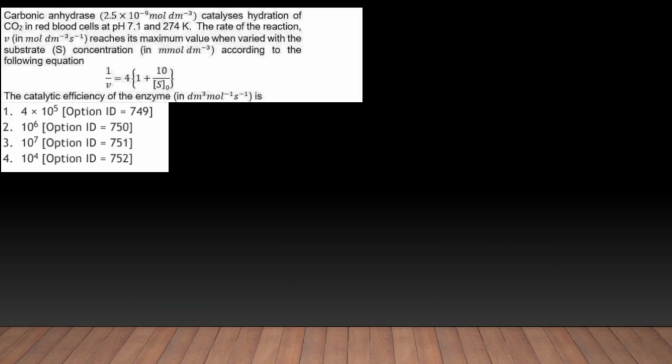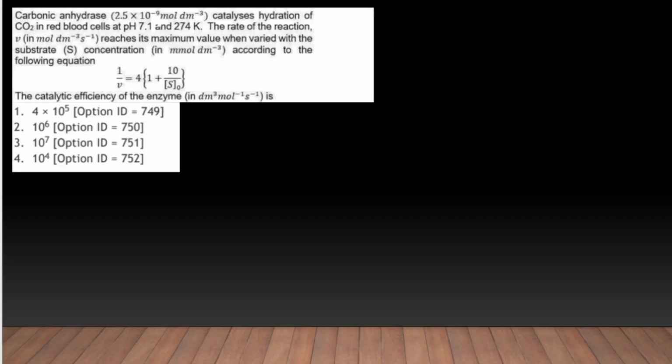This question says carbonic anhydrase, whose concentration is this much, catalyzes the hydration of carbon dioxide in red blood cells, at a pH value of 7.1 and at 274 Kelvin. The rate of the reaction reaches its maximum value when varied with the substrate.